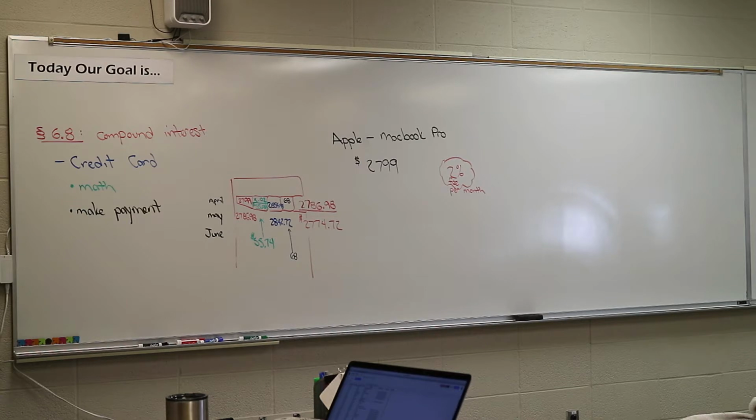Now you're going to subtract your $68 payment. That's the number that goes in this last column. 2774.72. That number carries over.